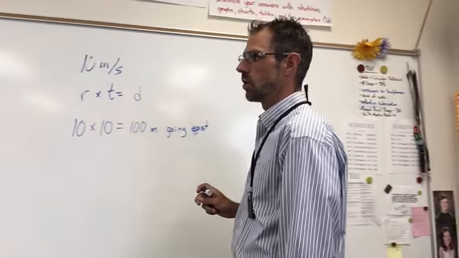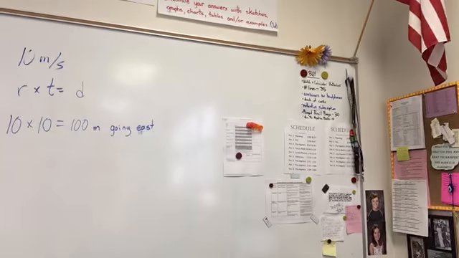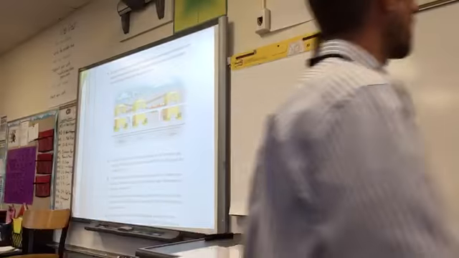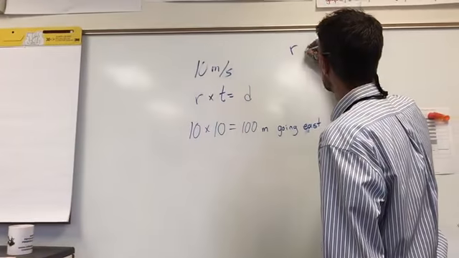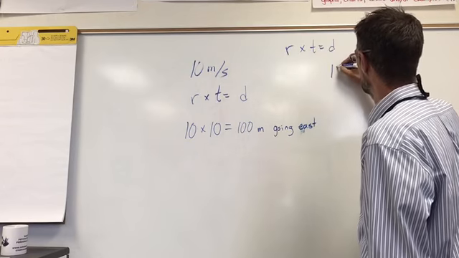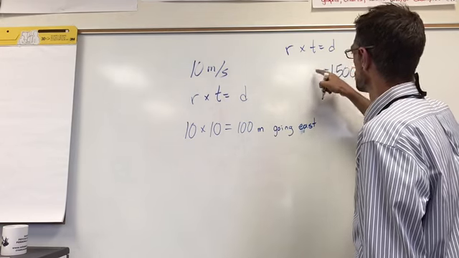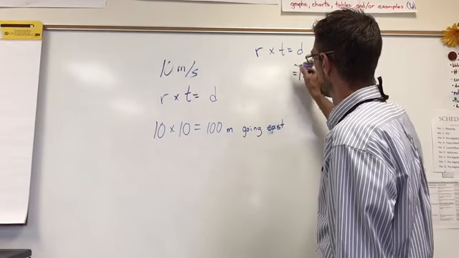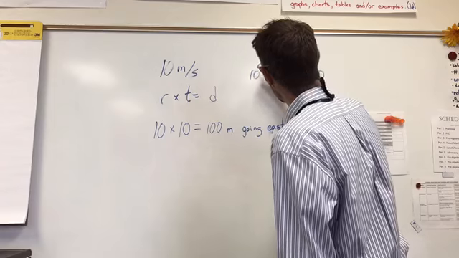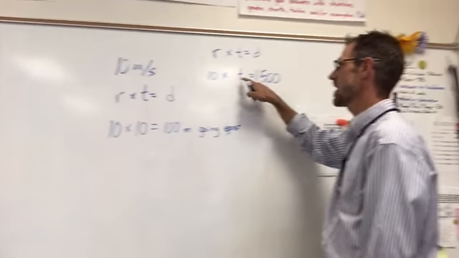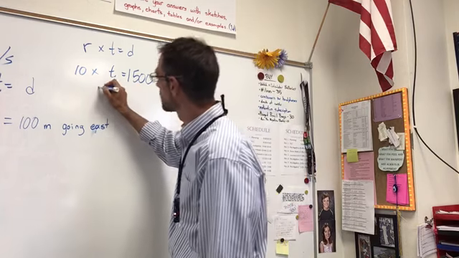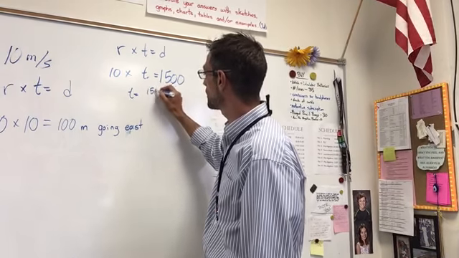The next question says, when will it reach the east terminal? So here's 0. Here's east. Let's go back to rate times time equals distance. I know the distance, 1,500. Do I know my time? Nope. We're going to call time t. Do I know my rate? Yes. So 10 times t is going to equal 1,500.